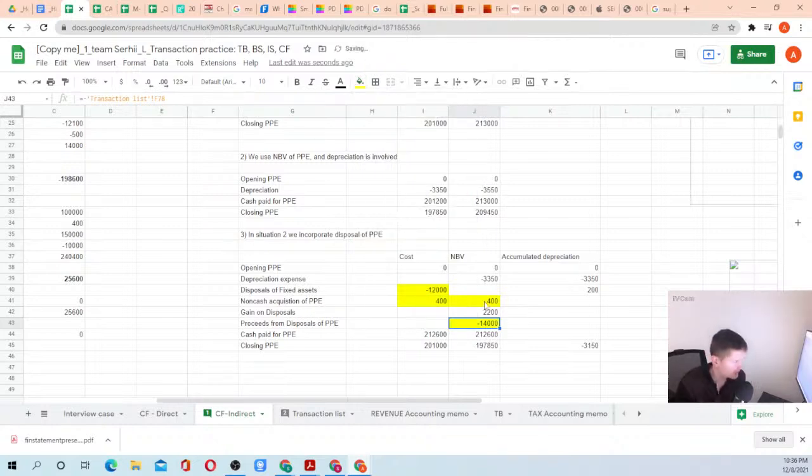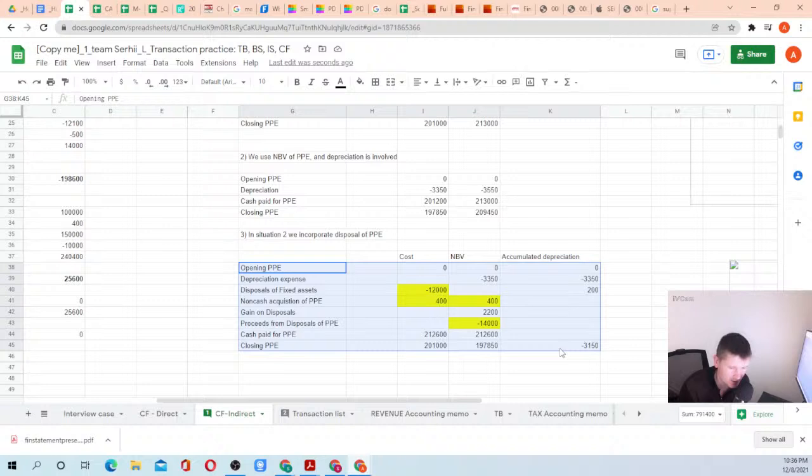Okay. So answering the question, what do we need to prepare a roll forward, PP&D roll forward? If we use a cost items, we will have to know what was the cost of PP&D disposed and what was a non-cash acquisition of PP&D.